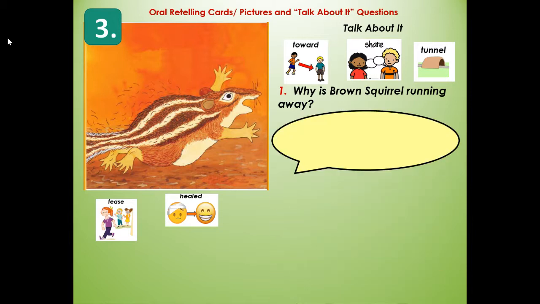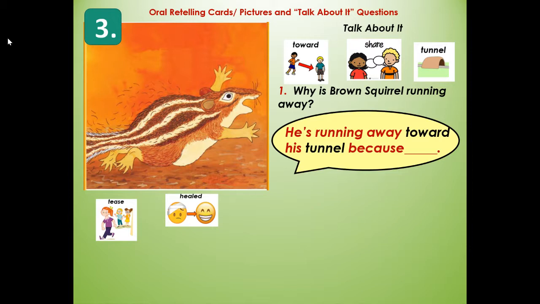Why is Brown Squirrel running away? He's running away toward his tunnel because... Well, he's running away because Bear was so angry that Bear said, I'm going to eat you.